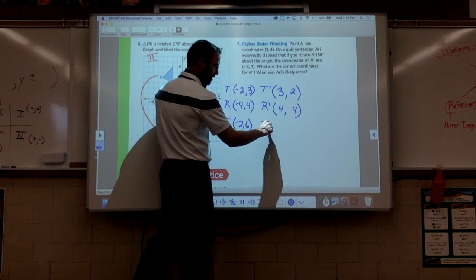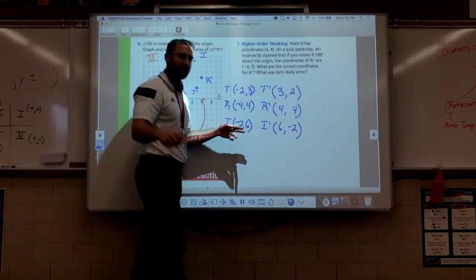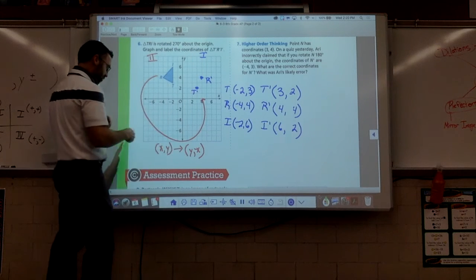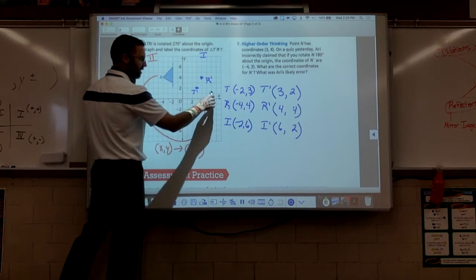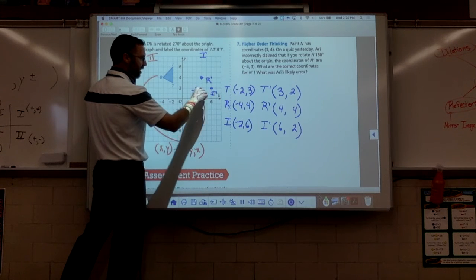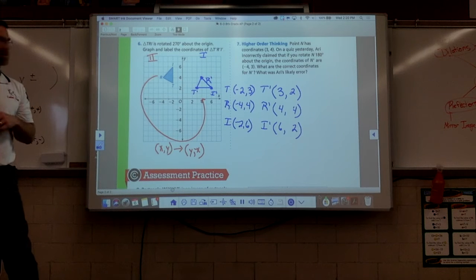Put it in the tumble machine. 6, -2. But again, we have to take the opposite of that second number. That would produce the point 6, 2, over 6, up 2. Bingo. That's the image of I. Connect the points. We just rotated 270 degrees.